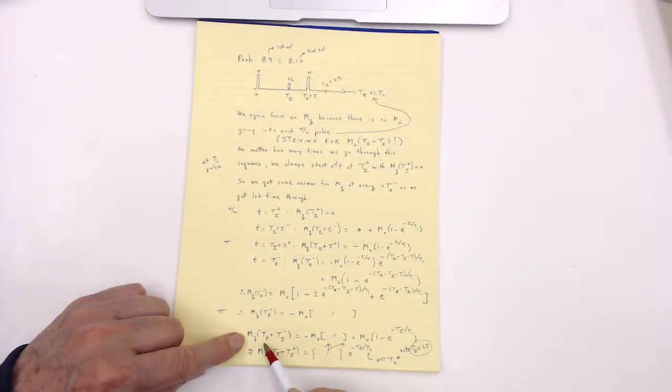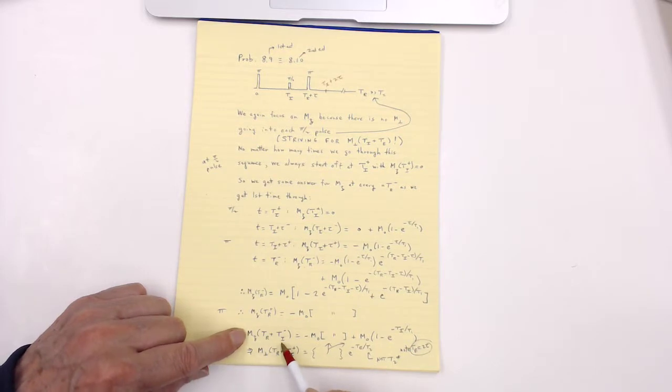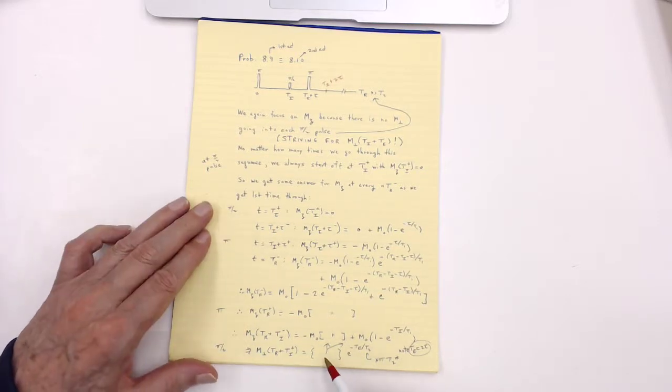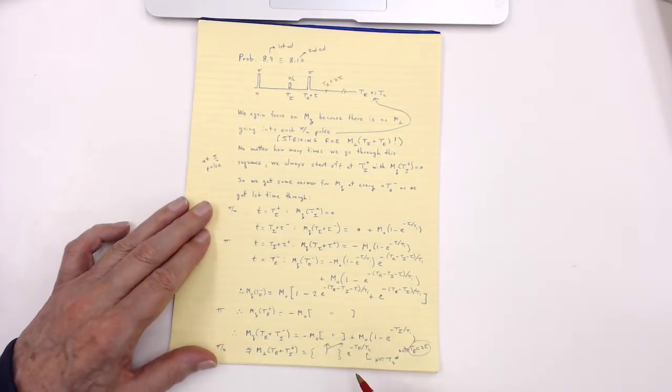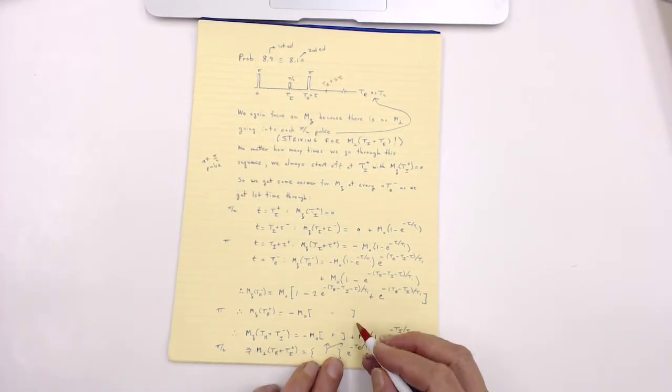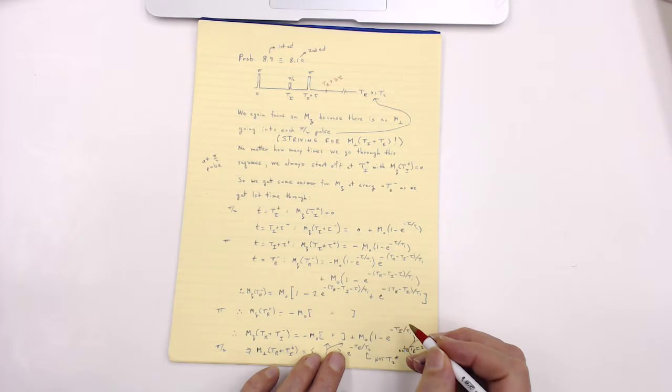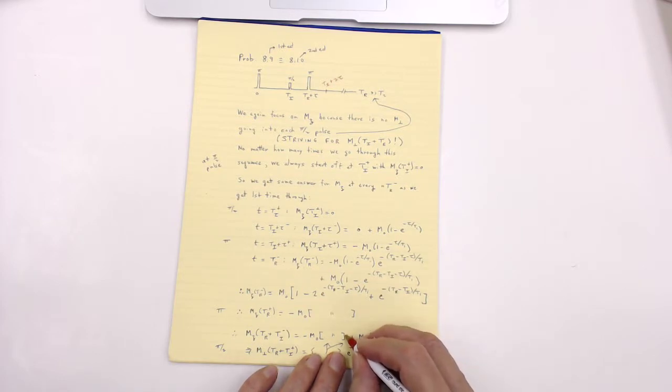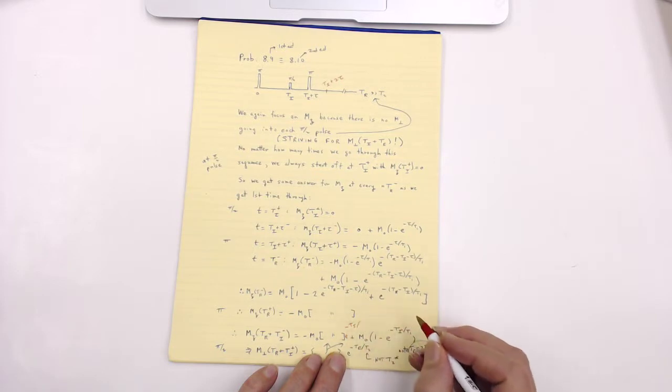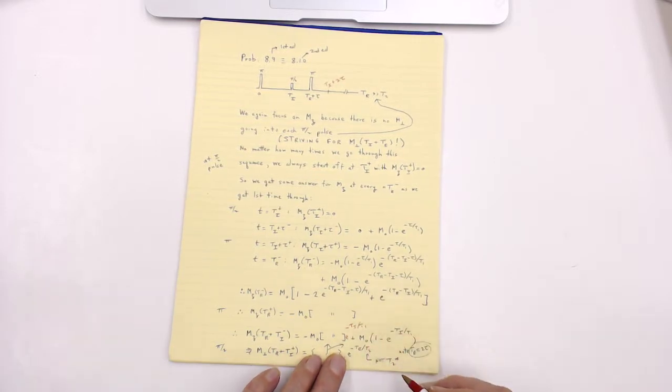So I've got MZ just before that pi over 2 pulse is our good old recovery. I've got minus M0. Oh, you know what I've got here? I've got this whole thing here, and then I have the appropriate exponential, e to the minus TI over T1.